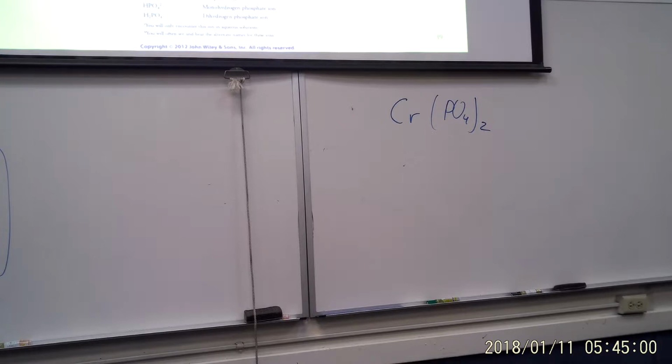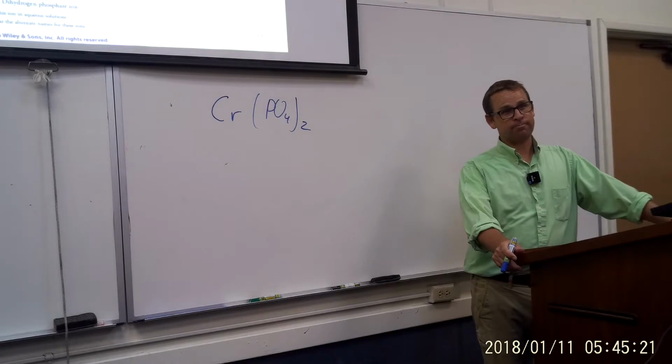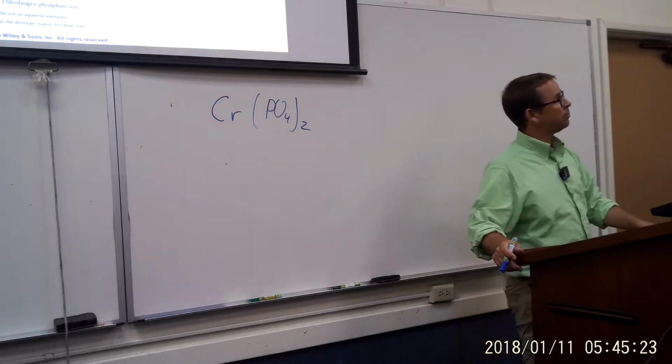Is it chromium phosphate? Is that right? Okay. If I told you I went to the store and bought you some chromium phosphate, what would you say? You might say, oh, thanks, that's very nice of you. But you would just be humoring me because you don't know what kind of chromium phosphate it is. Chromium is a what? What kind of element is it?